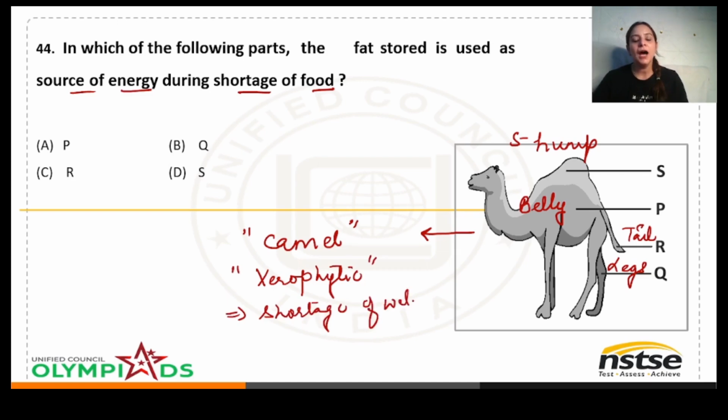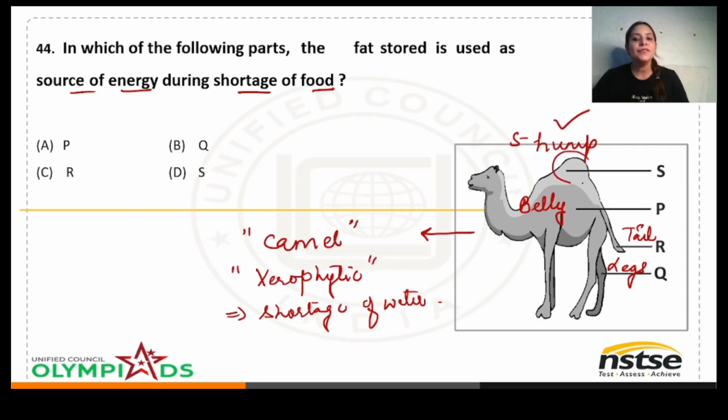So they are modified in such a way so that they can walk smoothly on the sand, and also they can survive well even in the shortage of water, or even without food for few days. So camel has got hump for this.